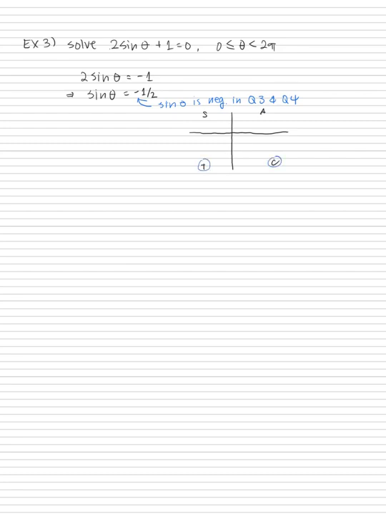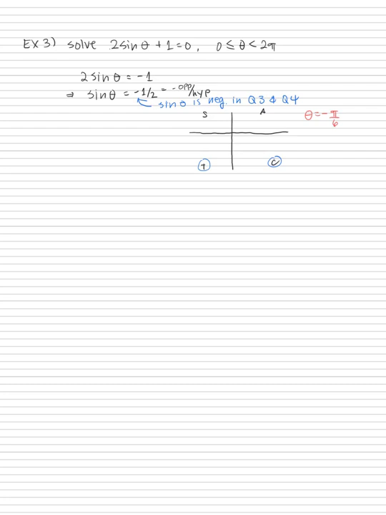Okay, so sine of theta equals -1/2. So this is the same thing as negative of the opposite over the hypotenuse. But in any case, notice that our theta is going to be negative pi over 6.